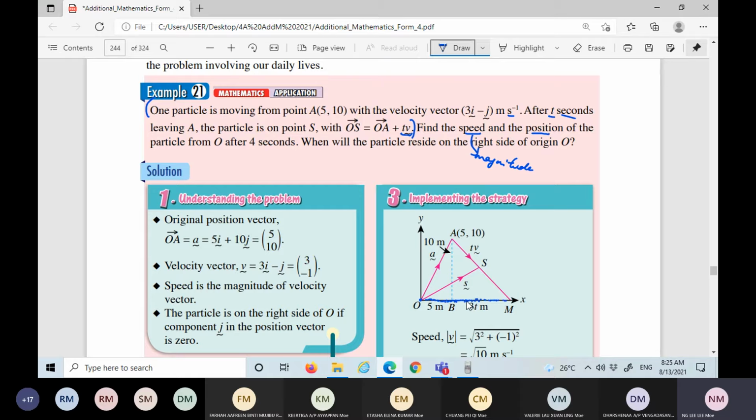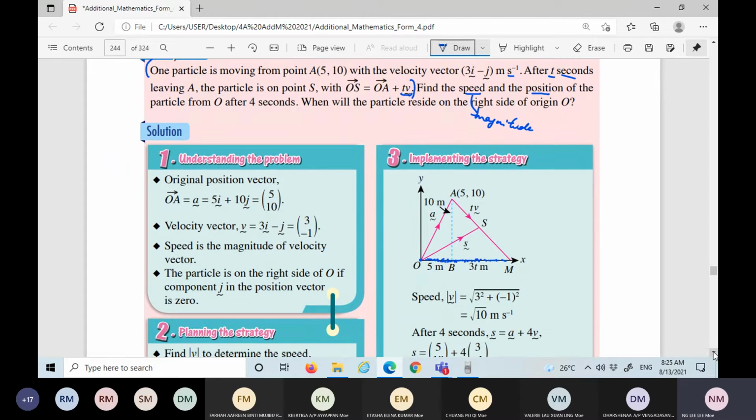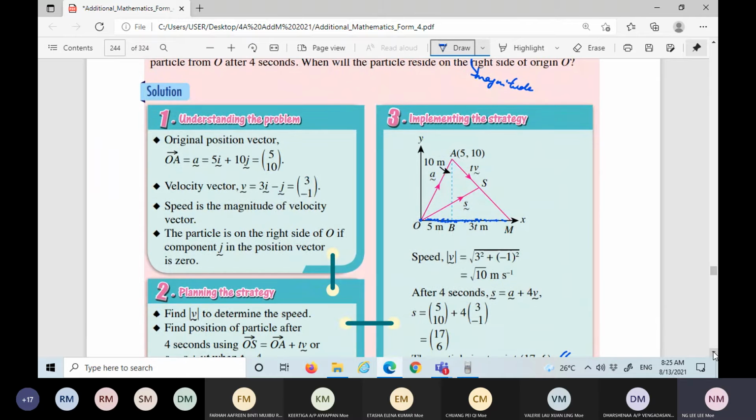It may be any point of here on this line. So at this line, what you can conclude if the particle falls at this line?